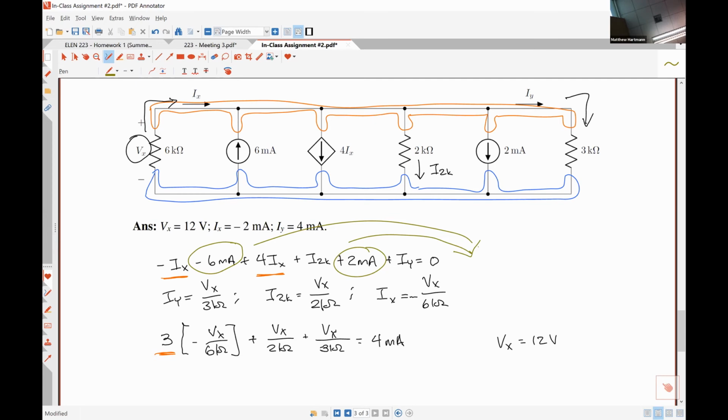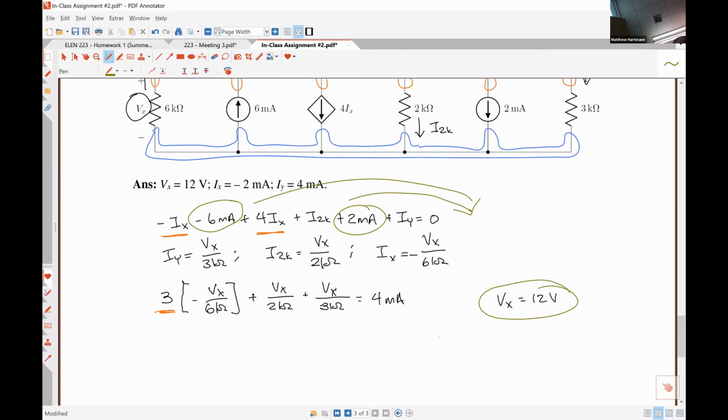So if you solve this single equation for Vx, we get Vx is equal to 12 volts. And then we can plug Vx equals 12 volts into our equations for Ix and Iy.